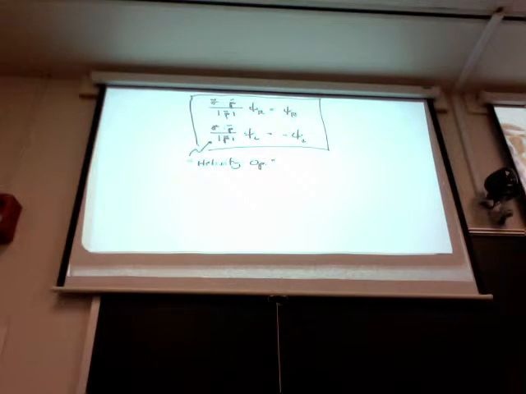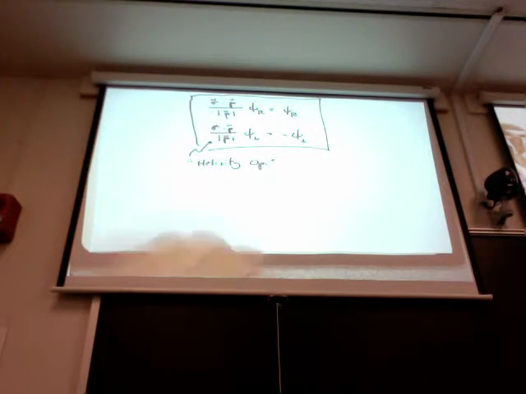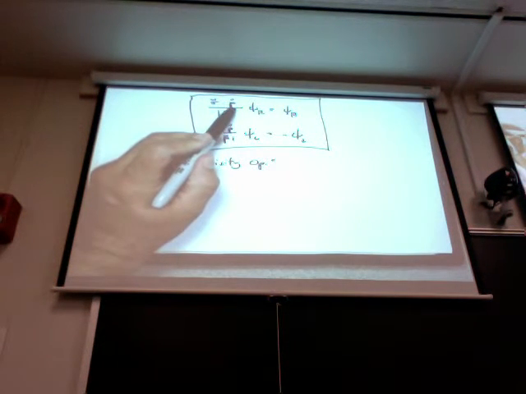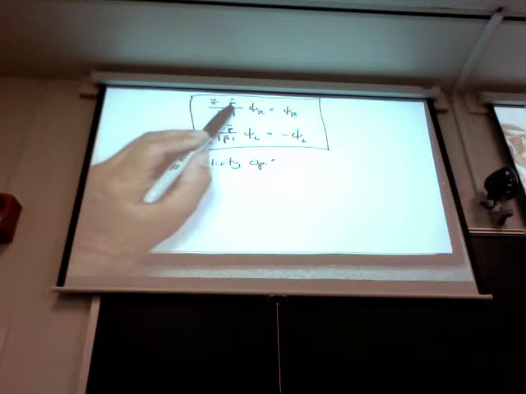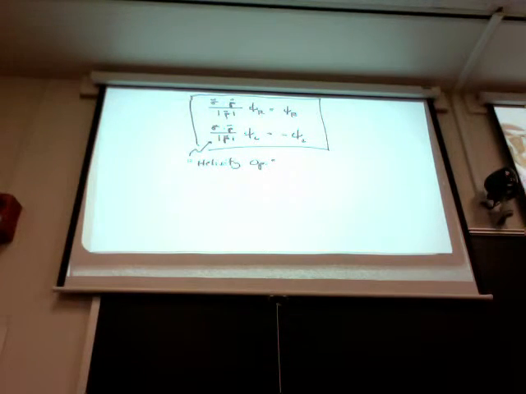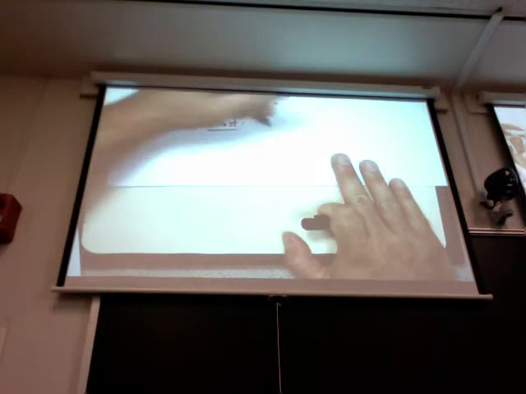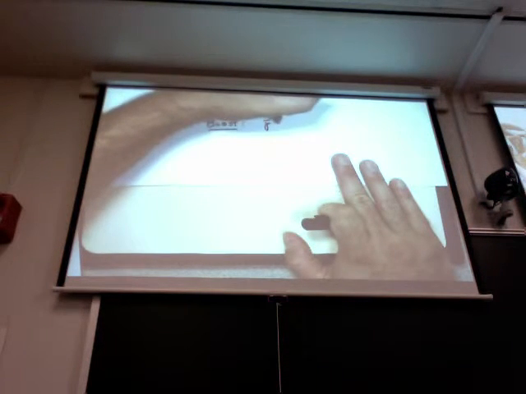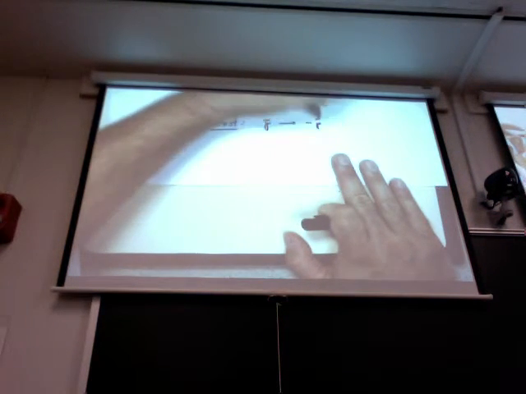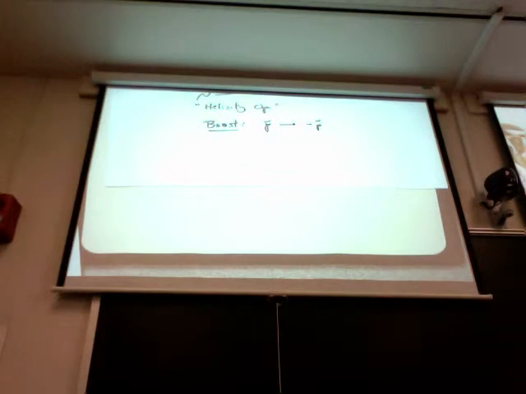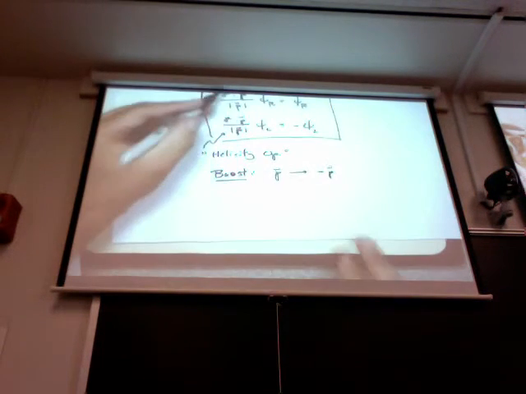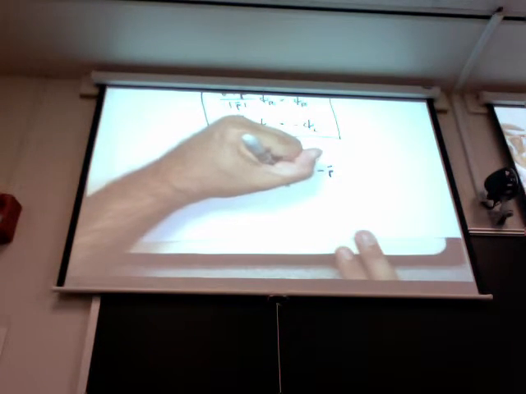Since it depends on the direction of the momentum through this dot product, you can always boost to a frame where P goes to, say, minus P. But the spin is just what it is. The spin is intrinsic, so it never changes.